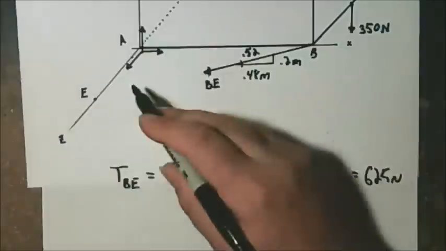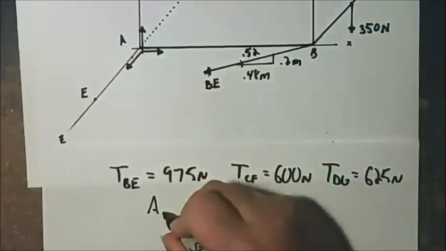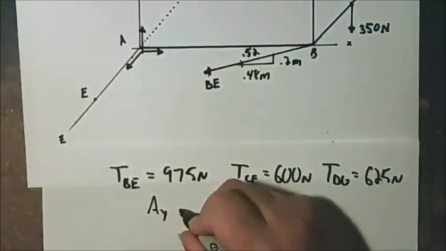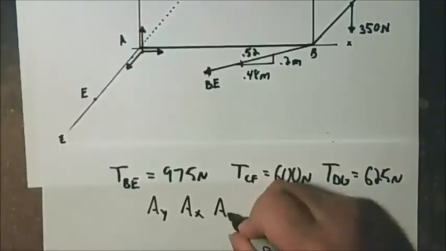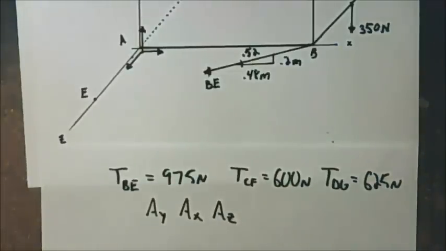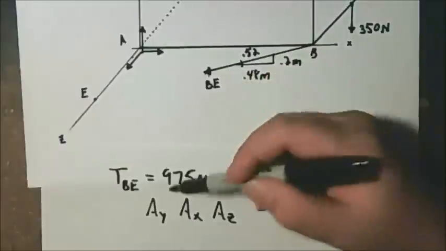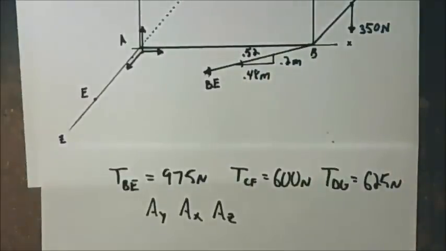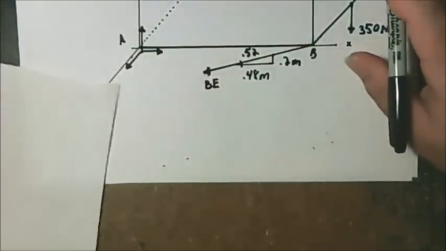Next, we need to find the reaction forces AY, AX, and AZ. We can do this just by summing the forces in the X, Y, and Z directions. But real quick, I want to show you one other thing.